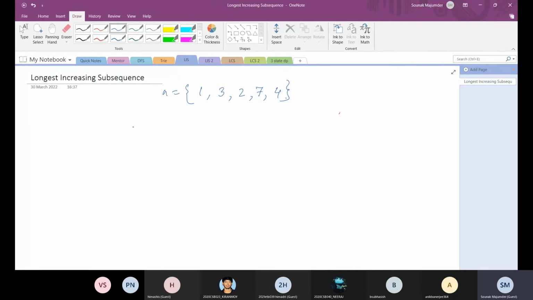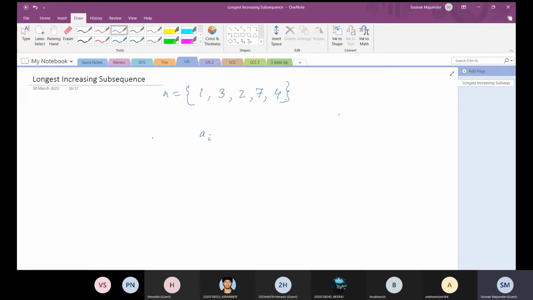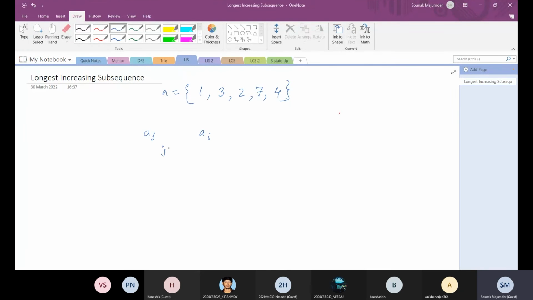So now let's think about how this DP works. The longest increasing subsequence is that if I choose any element, say a of i, then all the elements chosen before it, a of j such that j is less than i, should be less than a of i. By the definition of increasing subsequence, a of j cannot be greater than a of i.